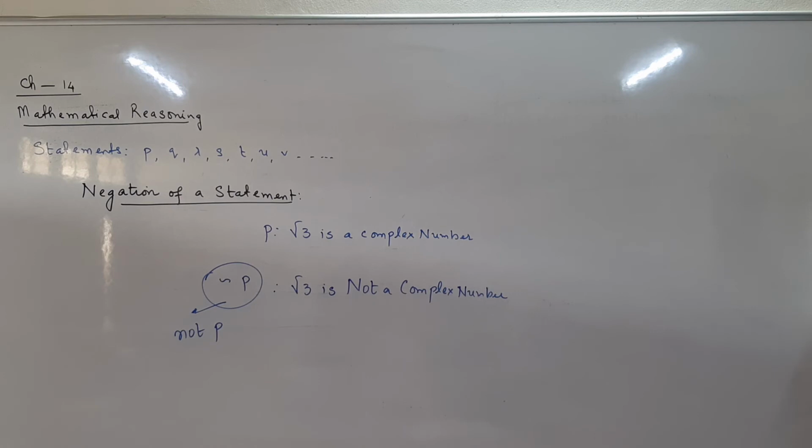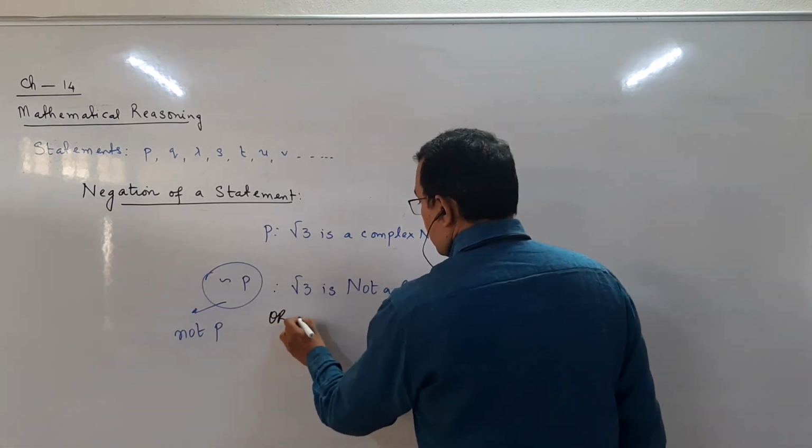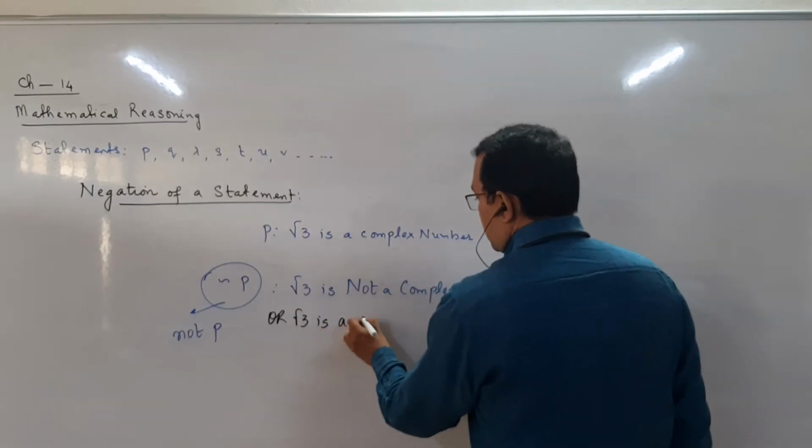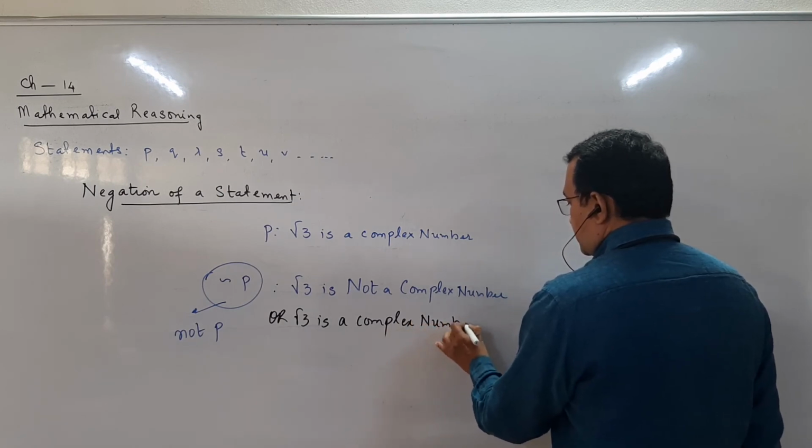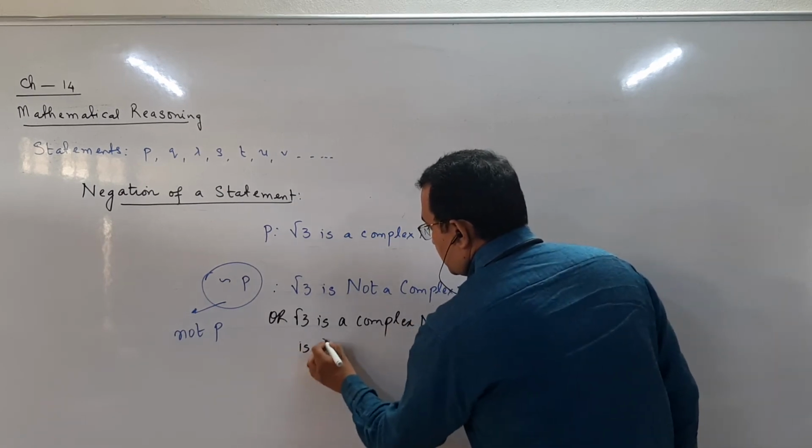Statements are denoted by, students, the small symbols P, Q, R, S, T, U, V, and onwards. So I have written statement P, and it is √3 is a complex number. What will be the negation of this statement, denoted by negation P, also read as not P? √3 is not a complex number. Or alternatively, I could have written, √3 is a complex number is false.